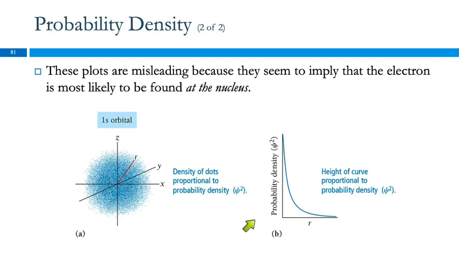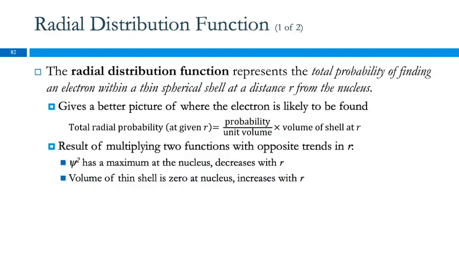If we just look at probability density, that wave function squared, we see that the probability is highest at the nucleus and it drops off as you move away. The problem with this is that the one place the electron cannot be is at the nucleus. So we need to do something a little different with our math here.